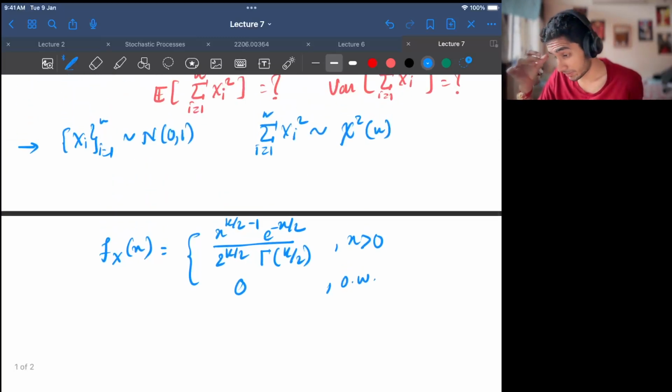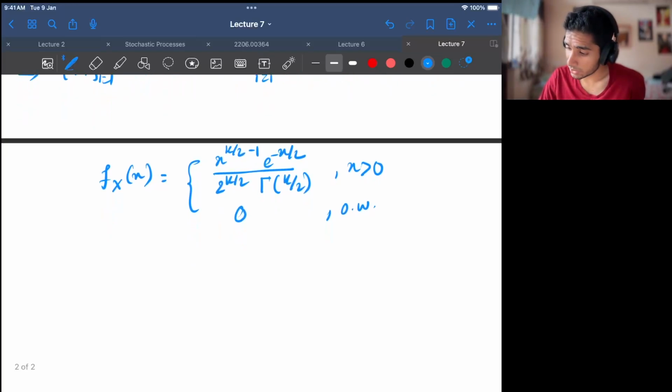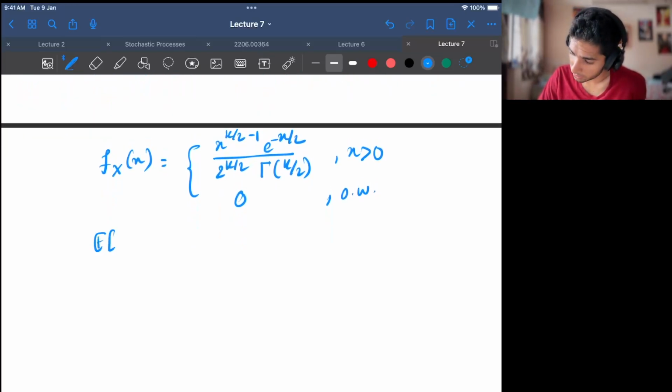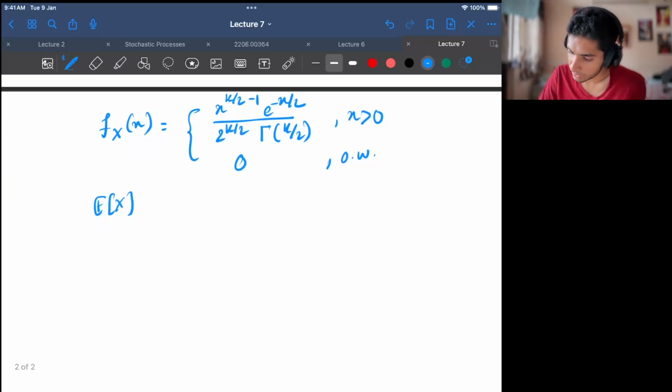And the things that you need to remember about this distribution is that the expected value of x is simply, if the degree of freedom is n, then the expected value is also n. And if the degree of freedom is n, then the variance is 2n.